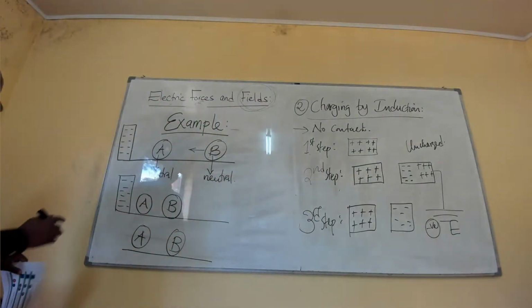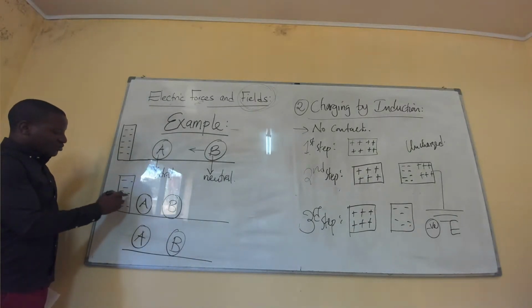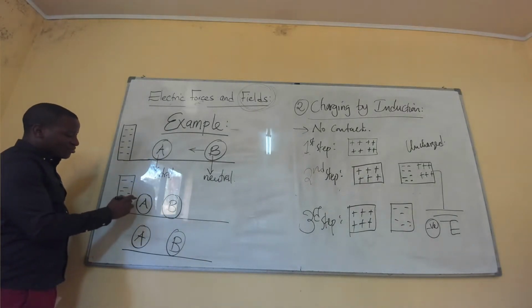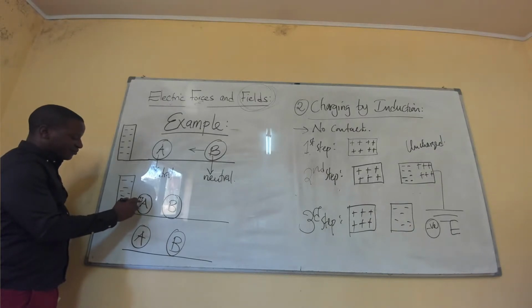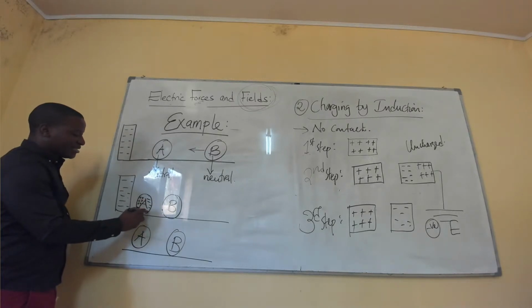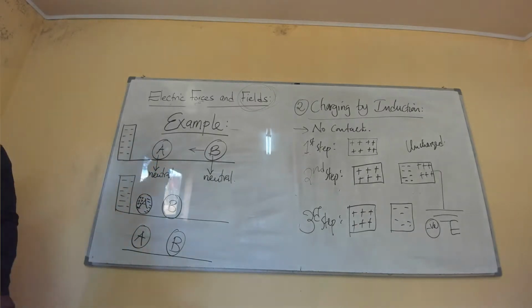So it means that when this is closer to this block, this side will have some positives, and this side will have some negatives. Is that simple?